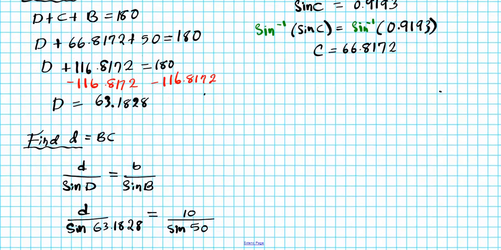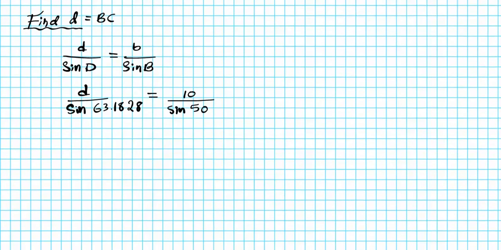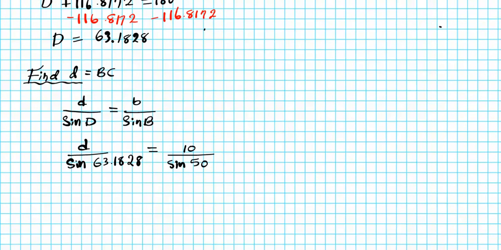Now let's proceed to get little d isolated. How do you isolate little d? It's pretty straightforward. You multiply both sides of the equation by sine of 63.1828. This cancels out, and then just plug that into your calculators, and then we get little d. What is little d?